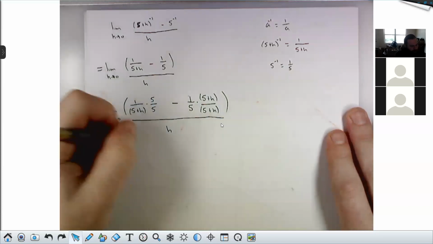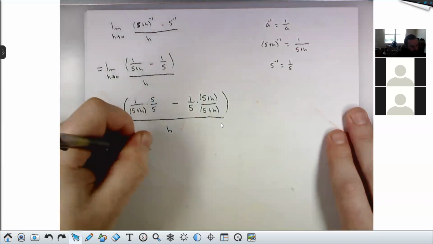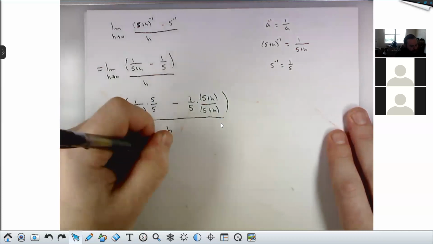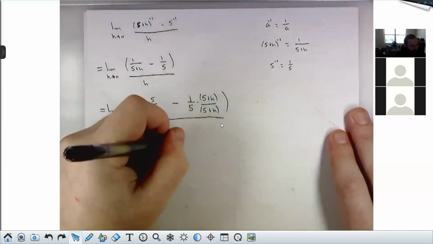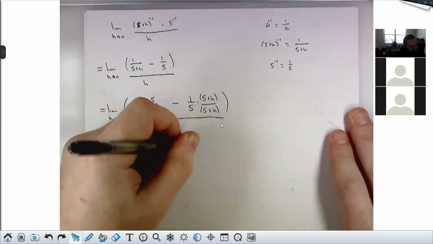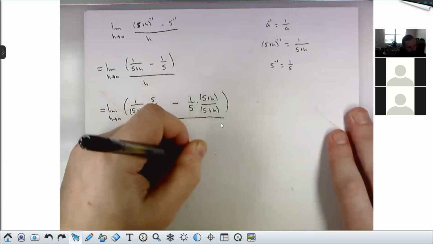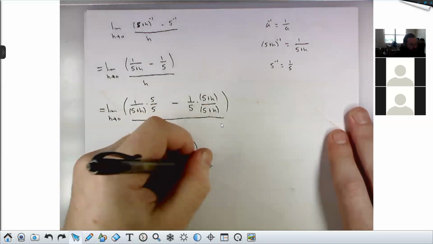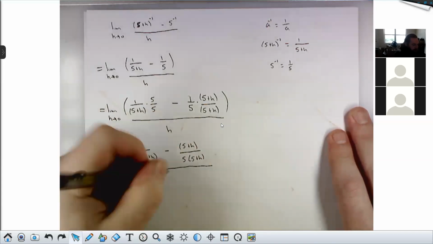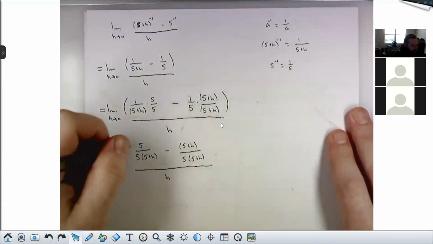Here 1 times 5 is 5. And downstairs I'll have 5 times (5 + h). Minus 1 times (5 + h) is 5 + h, and downstairs I have 5 times (5 + h). And all this is still over h.